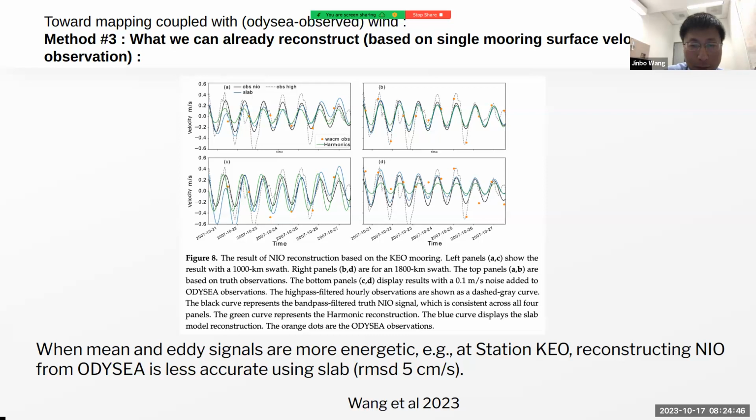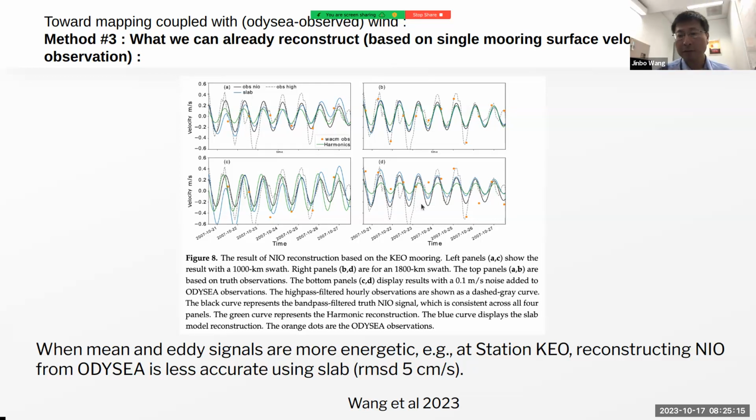Panel D is less accurate, but the phase still matches the observations if you compare the blue and the black. So this is less accurate using the SLAT model. The RMS difference becomes 5 centimeters per second, but the prediction skill of the SLAT model still persists in this case.